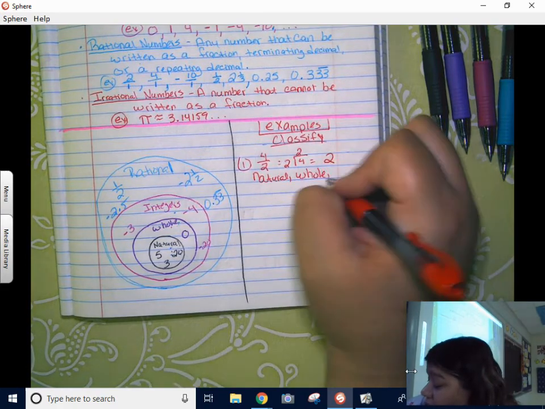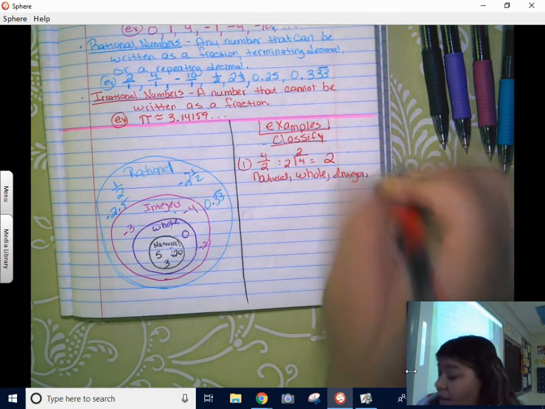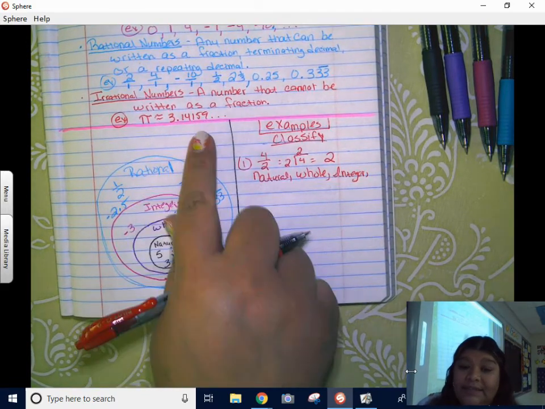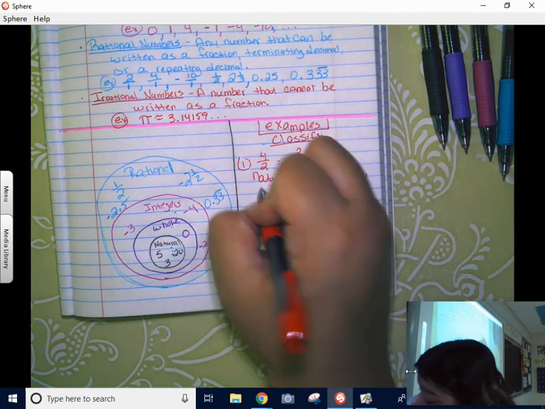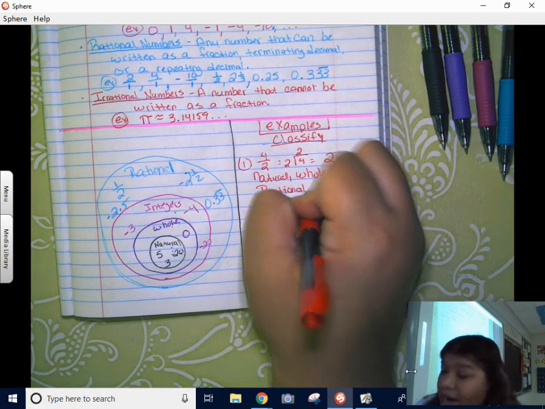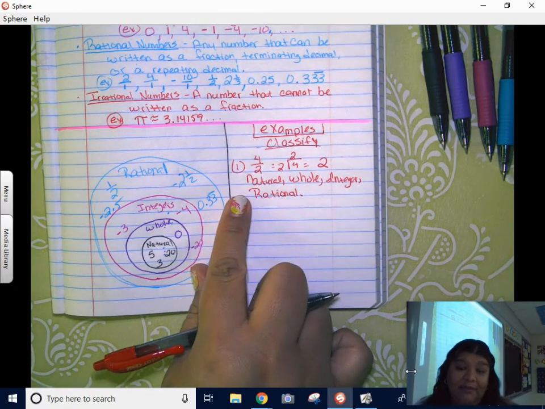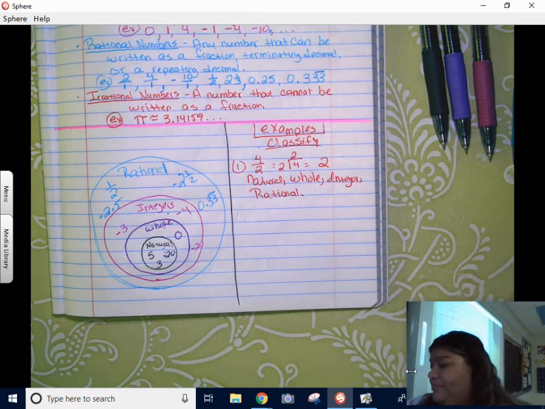So this is an integer. And is it a rational number? Yes, because I can write 2 as a fraction. It's right there, okay? So it also is a rational number. So try not to get tricked on that one. Take your time, do your thinking process, and think it through, okay?